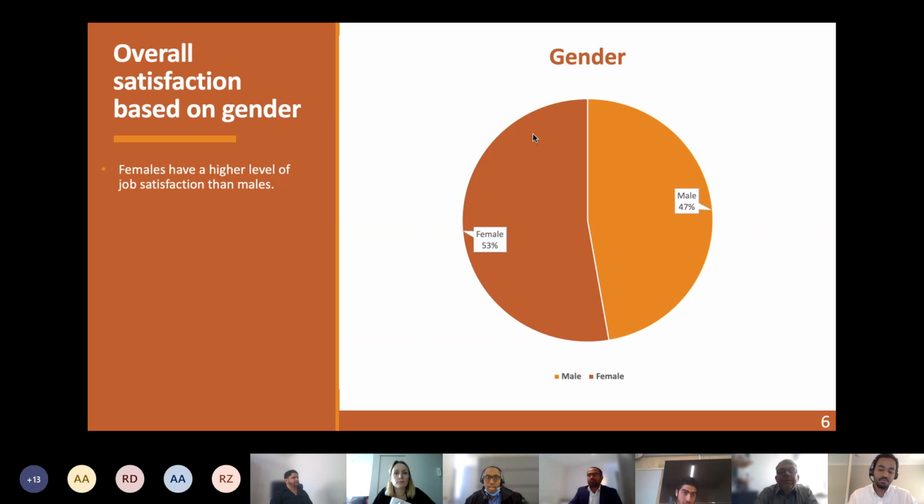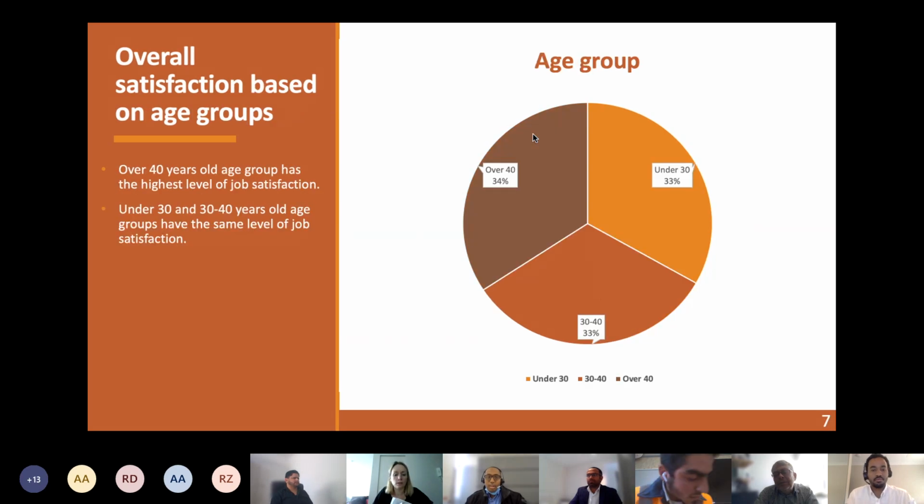And in the second slide, we realized that for overall satisfaction between all age groups, the highest goes to over 40 years old, and the age groups between 30 to 40 and under 30 share the same number of job satisfaction. I'm going to leave the floor for my colleague Rahim to carry on from there.